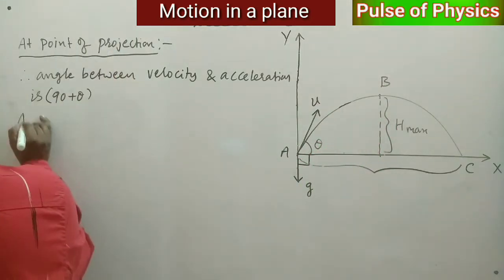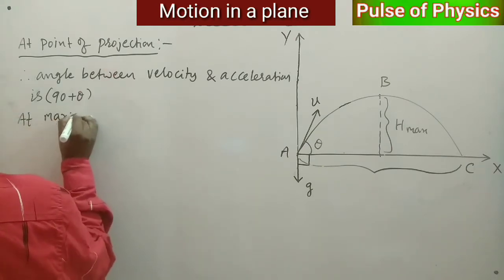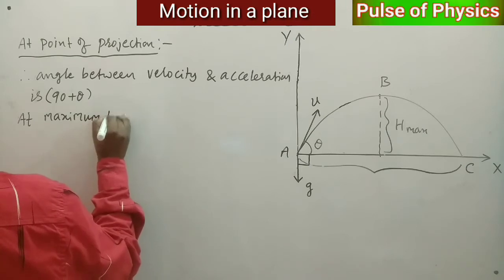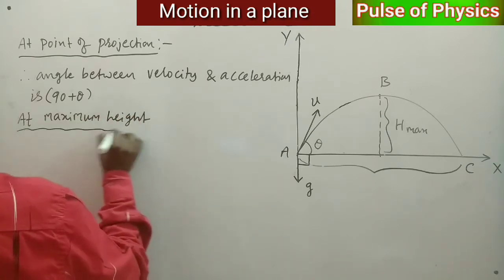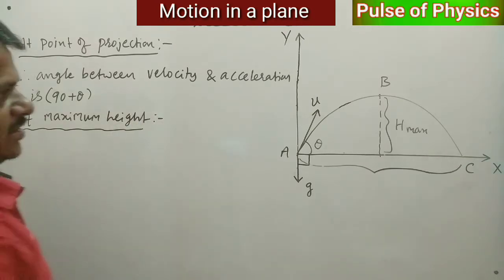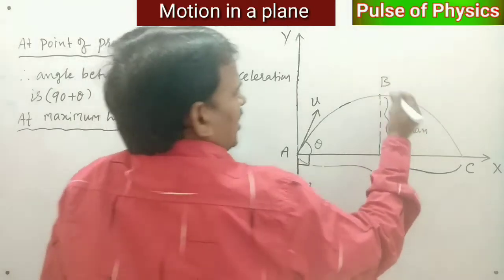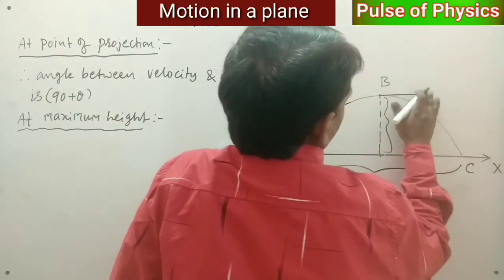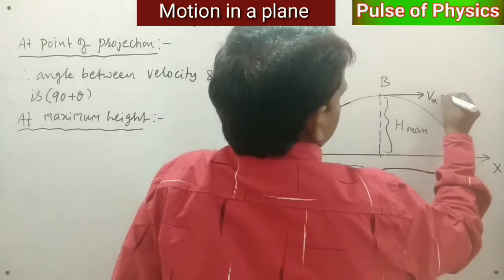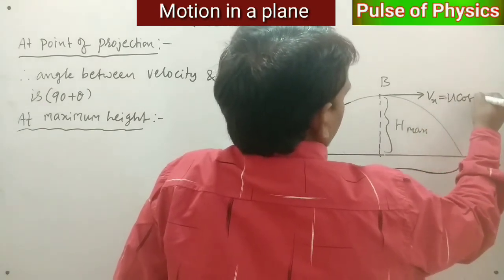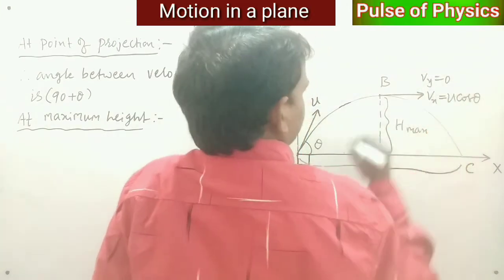Next, at maximum height, what is the angle between velocity and acceleration? Here velocity is only the horizontal component, that is Vx, which is u cos theta along the horizontal direction. Vy is 0.